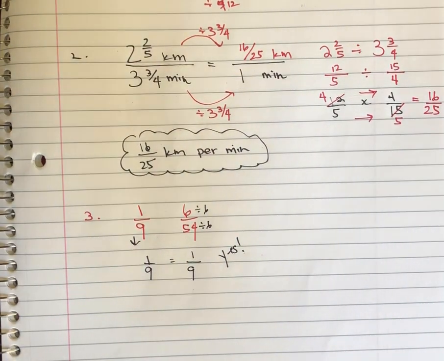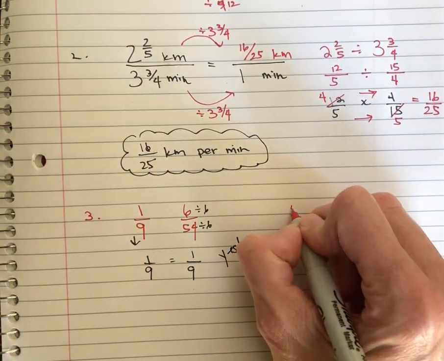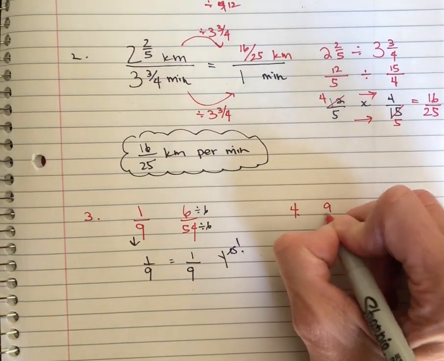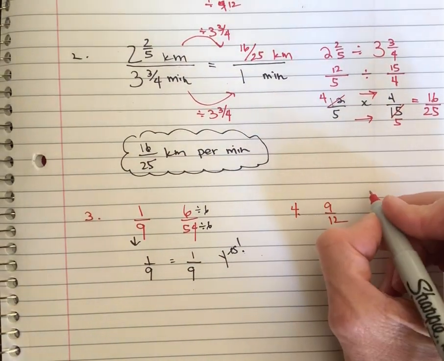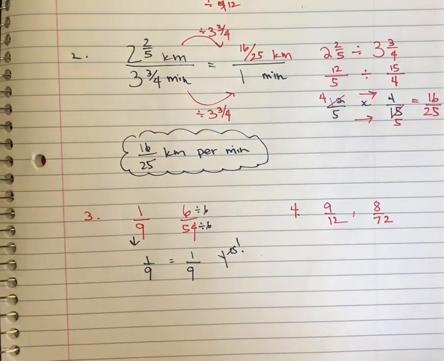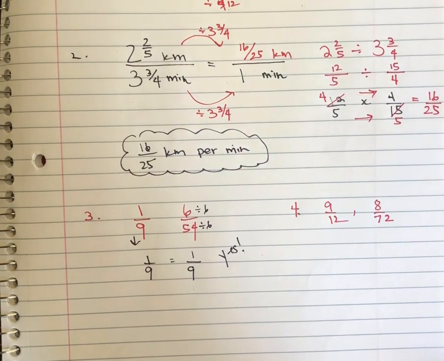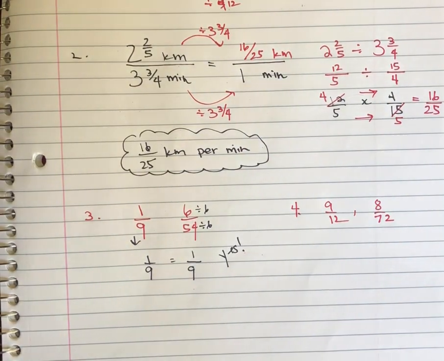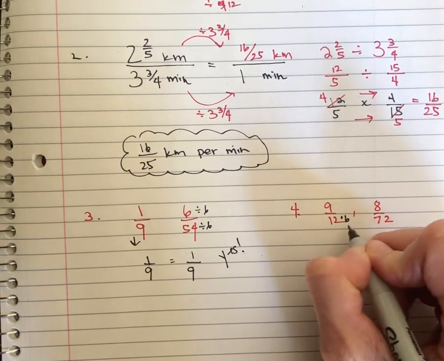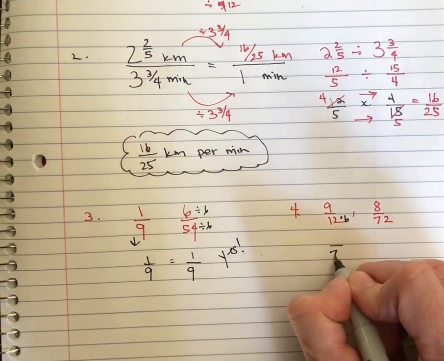Okay, number 4, same idea, new ratios. Number 4, we have 9/12 that we're comparing to 8/72. In this case, maybe you want to find a common denominator. I know that 12 times 6 gets me to 72.